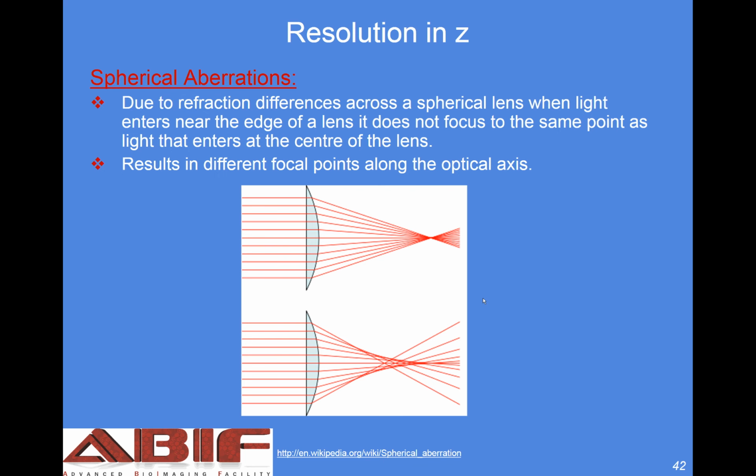Because lenses are curved surfaces and we're going from glass to air, you see aberrations as you switch from the glass media into the air. You see refraction occurring, and this refraction is going to be dependent on the angle of the lens. At the center of the lens, the light goes straight through, but at the edges you see quite a bit of refraction. And what this does is it basically gives you different focal points along the optical axis.